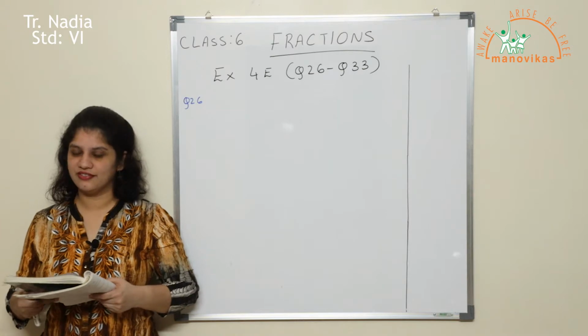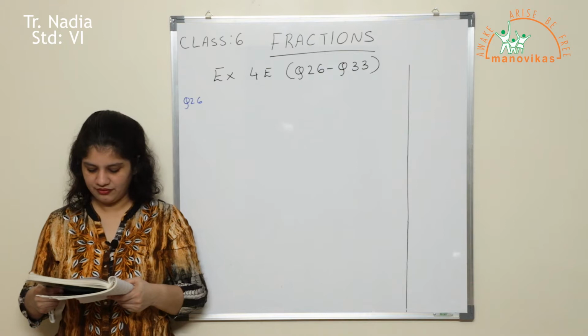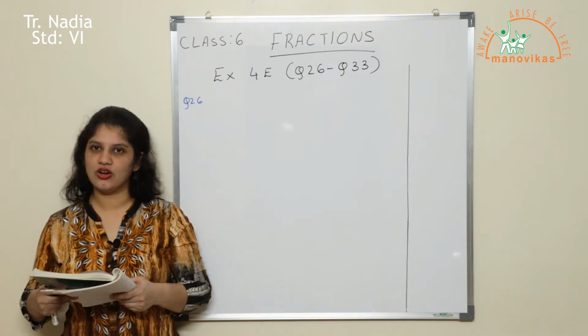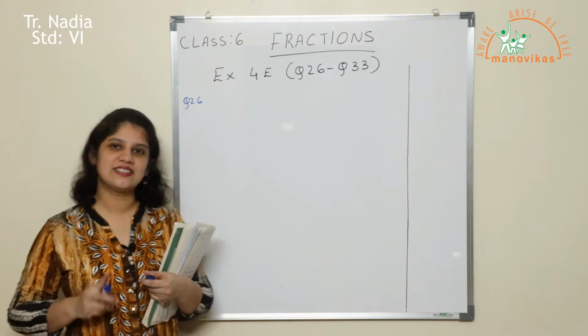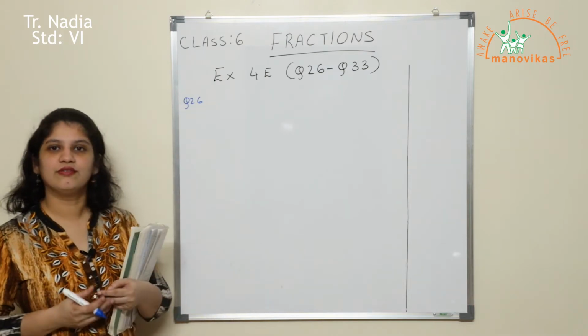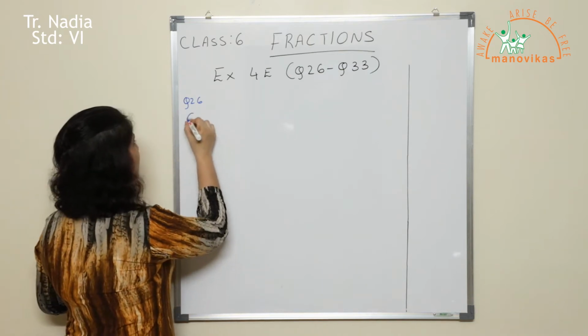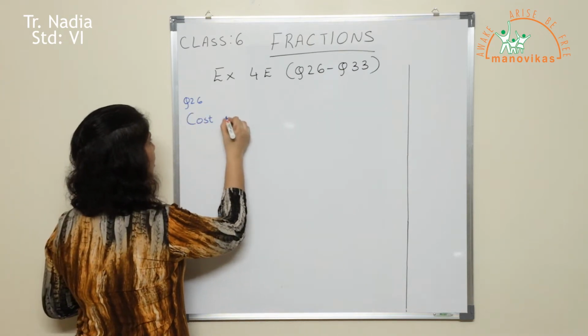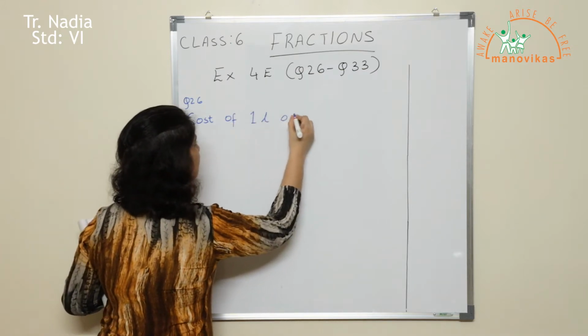The cost of 1 liter of milk is rupees 42 3 upon 5. Find the cost of 12.5 liters of milk. So let us write down the statements of what is given to us. Question number 26, we are given the cost of 1 liter of milk.